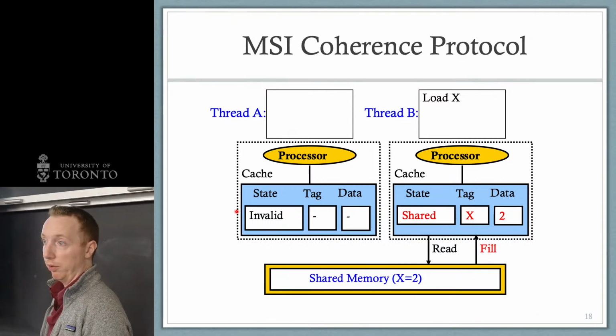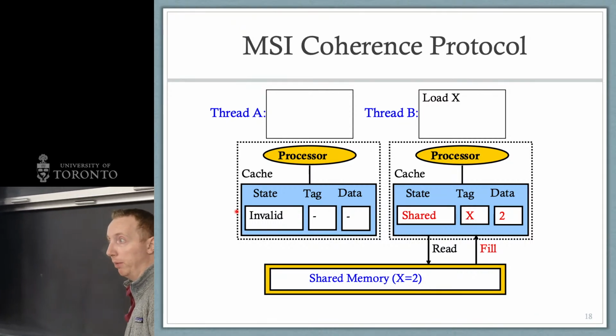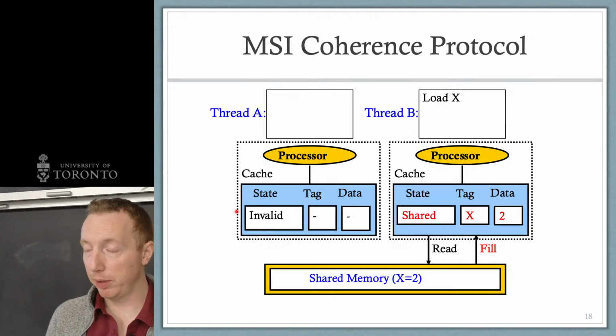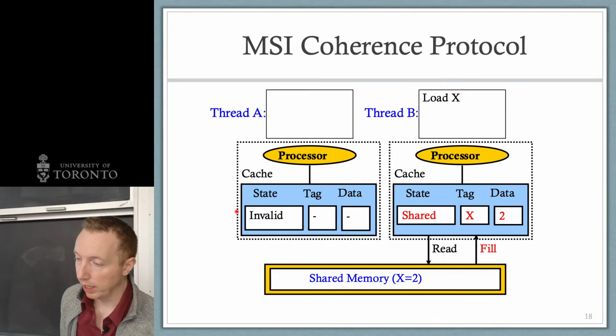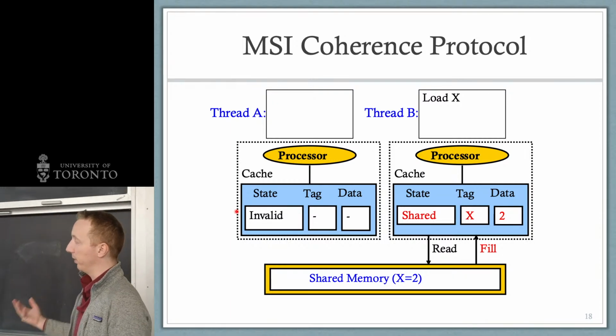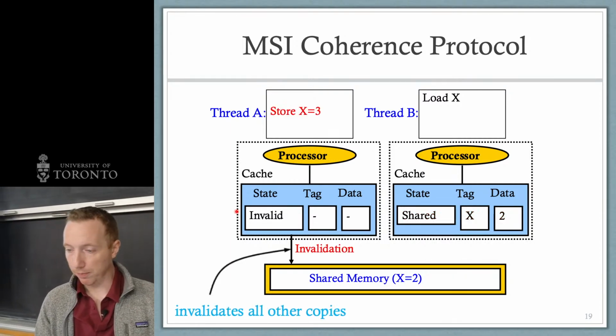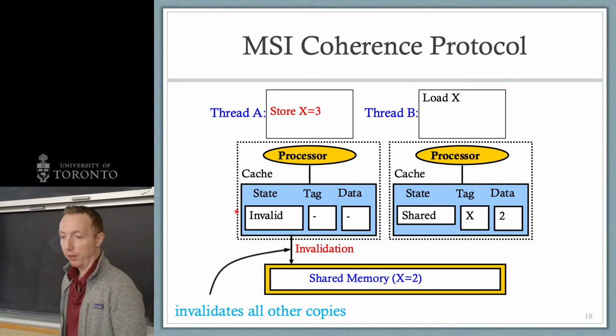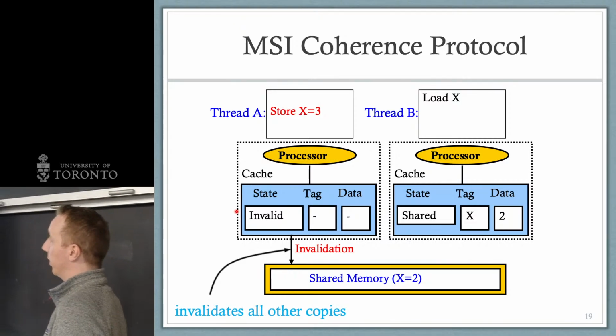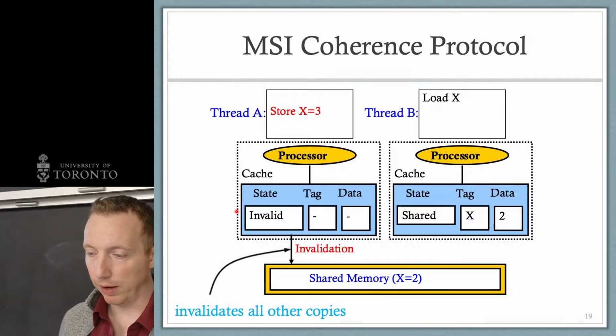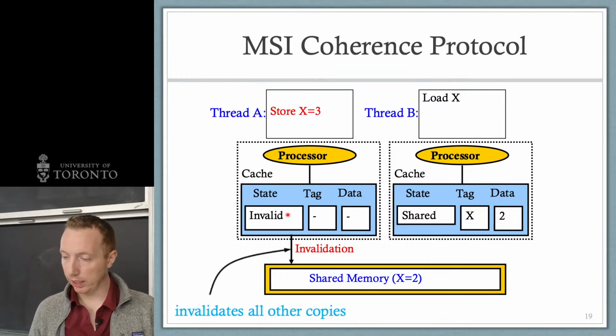So it has read that value from main memory. It is consistent with main memory because it's a memory read, and it would go ahead and populate its cache with the value 2. So now if thread A stores or writes to X the value 3, well, it's currently invalid.